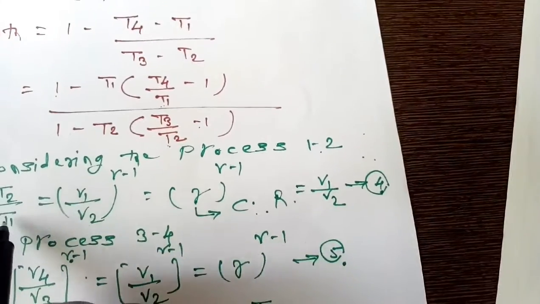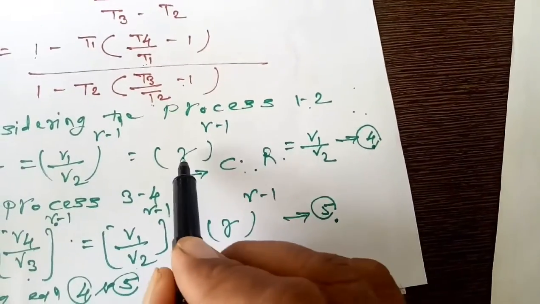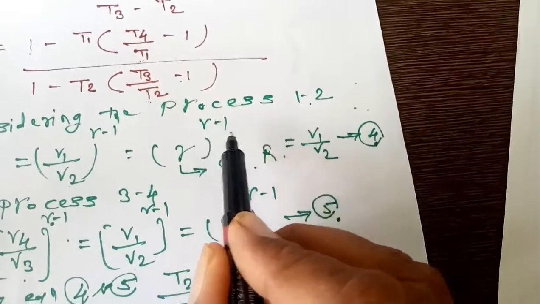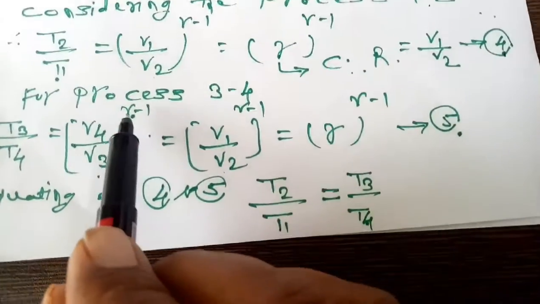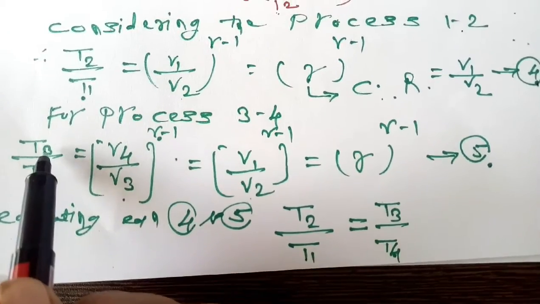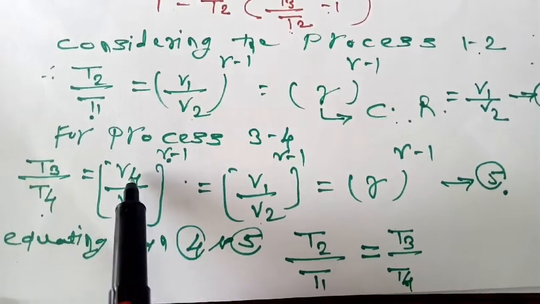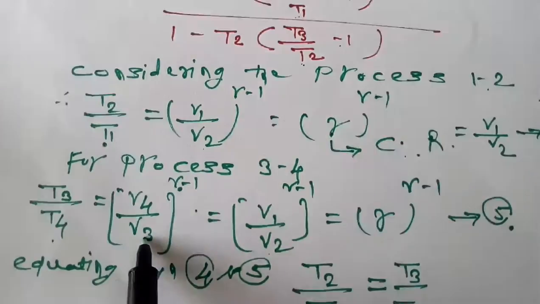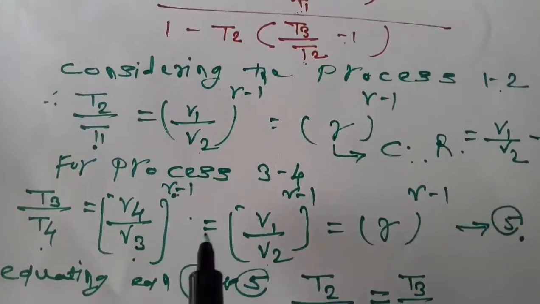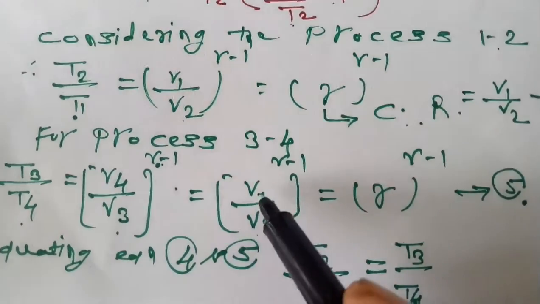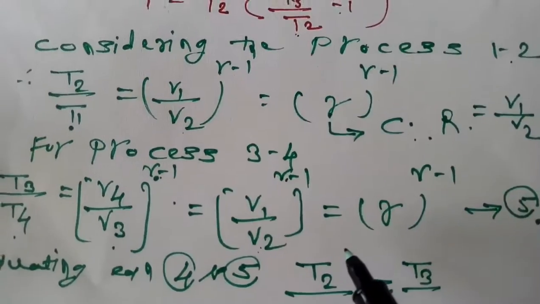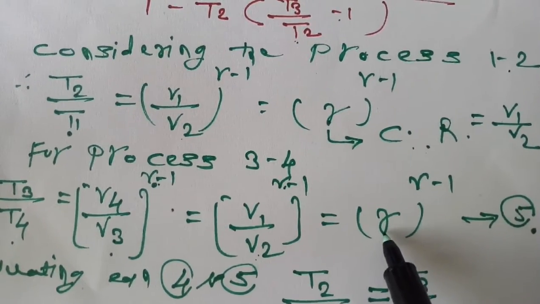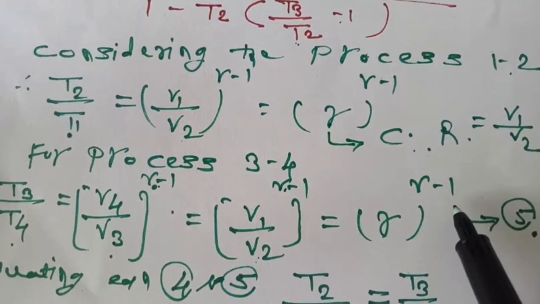So finally T2 by T1 is equal to r to the power gamma minus 1. This is equation number 4. Similarly for process 3-4, T3 by T4 is equal to (V4 by V3) to the power gamma minus 1, and this is equal to (V1 by V2) to the power gamma minus 1, and again this is equal to r to the power gamma minus 1.